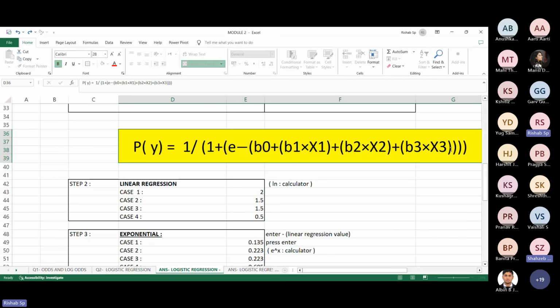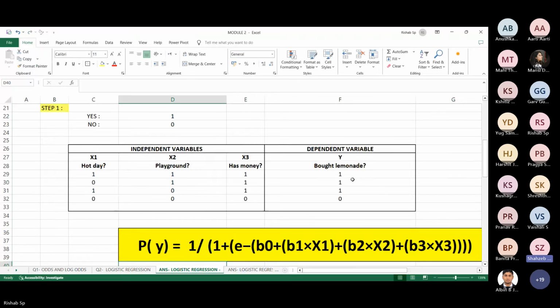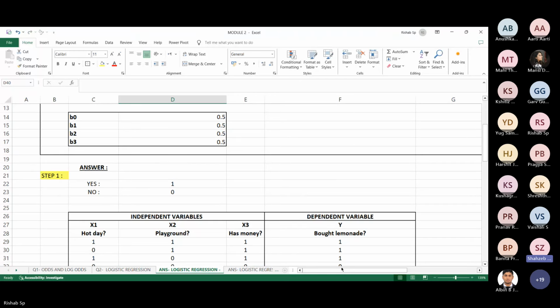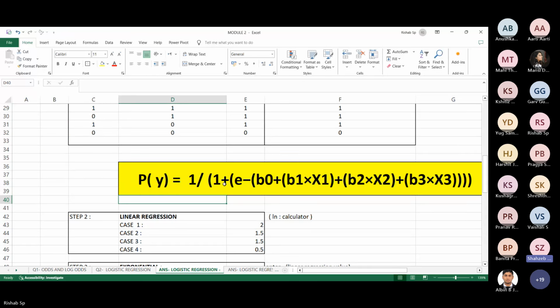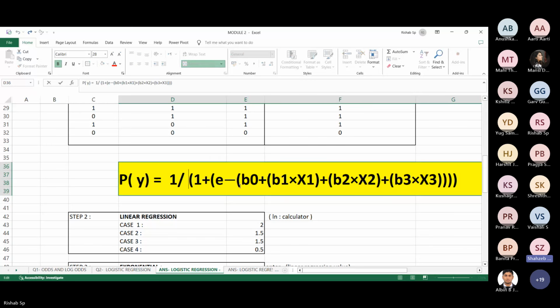Okay. Simple. But the professor gave us the formula for probability: e to the power of beta 0 plus beta 1 x1, divided by 1 plus e to the power of beta 0 plus beta 1 x1. Is there any difference?